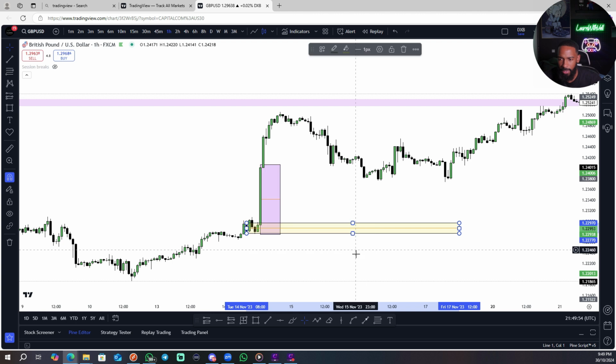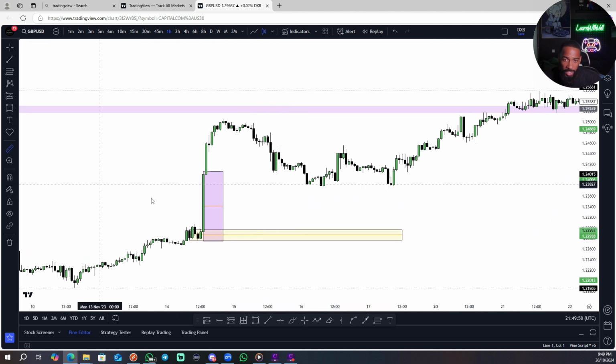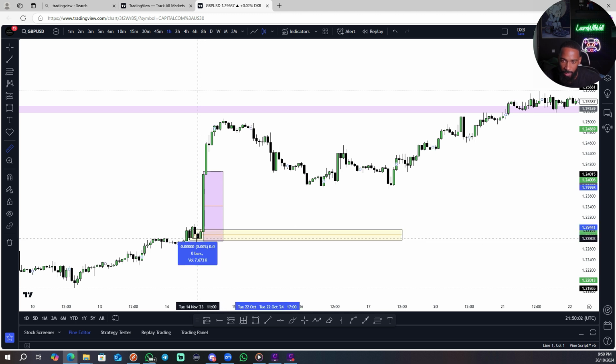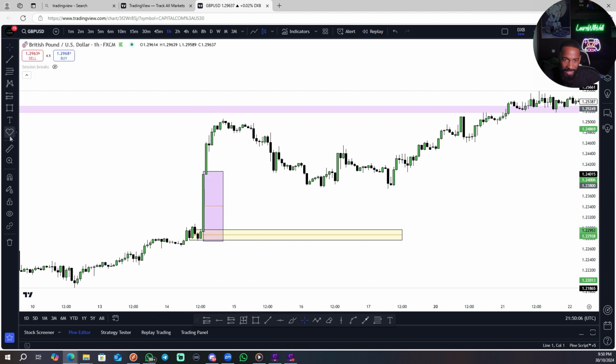Okay. Cool. Now, we all know that the criteria when we're trying to take a trade out of the session candle is we wait for price to move down or up 40 pips or more. We can visibly see that price moves up 40 pips or more. So if we look from the close of this candle here again, price moves up 95 pips.